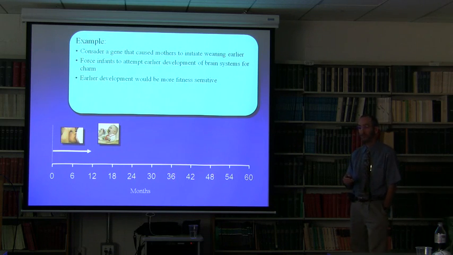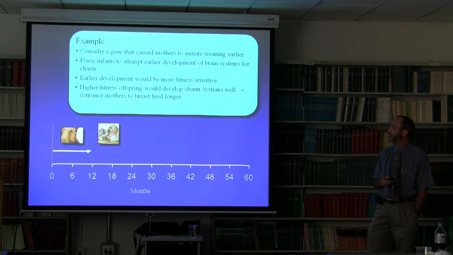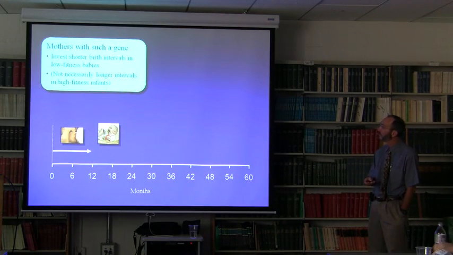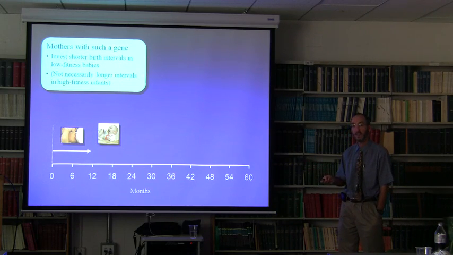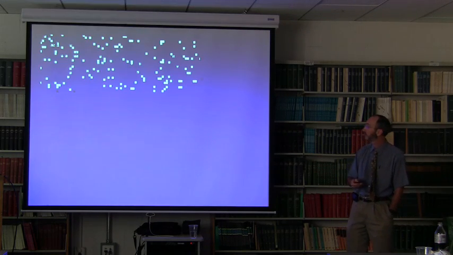Earlier development would be more fitness sensitive, and higher fitness offspring would develop charm systems well, convincing their mothers to breastfeed longer. But low fitness infants would not. Mothers with such a gene would invest shorter birth intervals in low fitness babies. They're being pickier, but not necessarily longer intervals in high fitness infants.